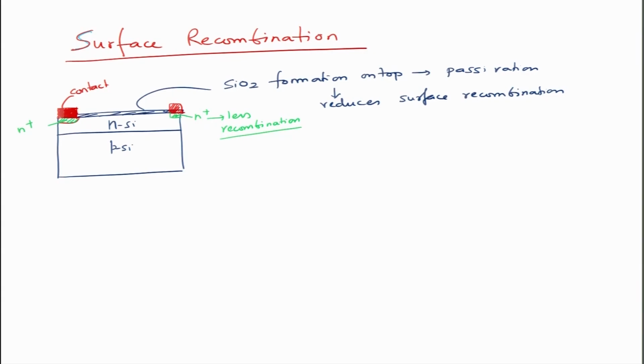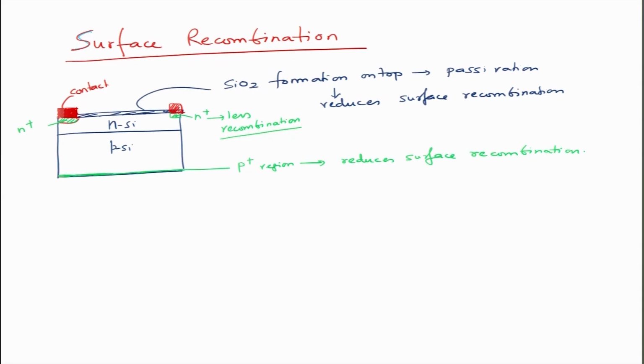And then we also do heavy doping at the rear of the cell. So, this region is also a little heavily doped. You can say this is P plus region, which again reduces the surface recombination.